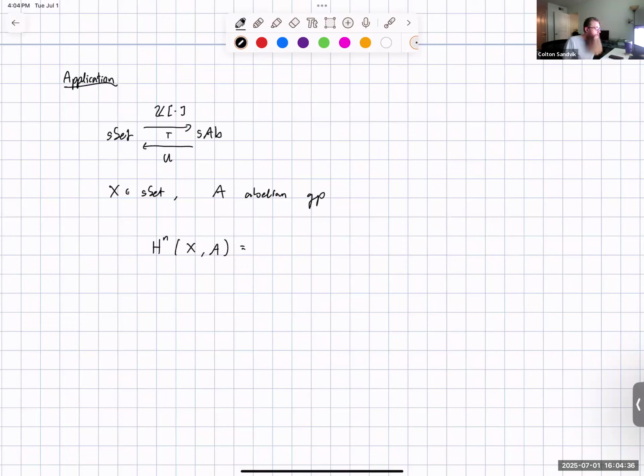So this is the same as if we were to look at these normalized chains in X with coefficients in A, where I shift by n. So this is all in the chain complex category.